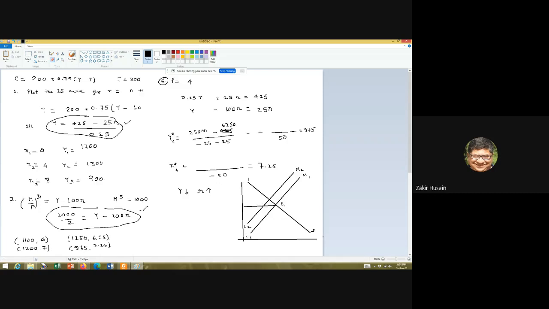See, here the problem is that both R and Y remain over here, okay? But the curve has shifted to L2, M2. So that means we are here while the market is over here. So this zone.